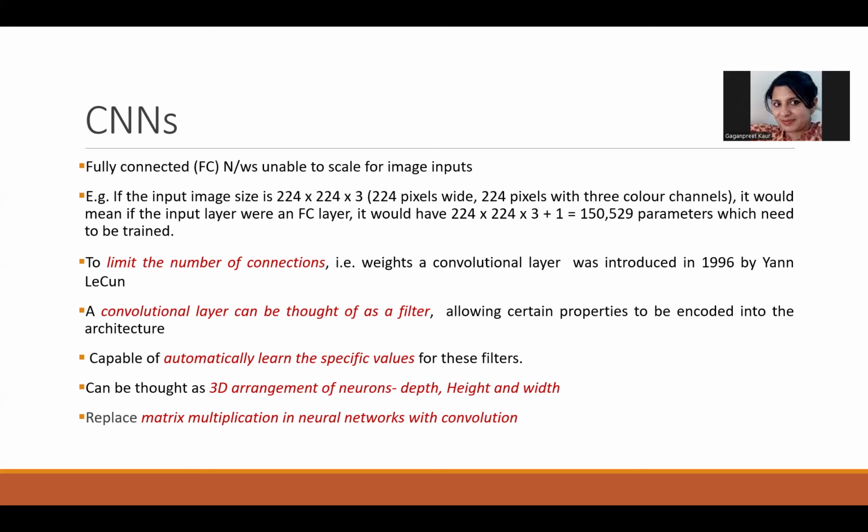A number of filters have to be applied; there is not a single filter. Let's say for edge detection, we have one type of filter. For graying of the image, we have another type of filter. For sharpening, we have another kind of filter. Different types of filters are applied to the same image over the same regions, and their response is extracted as a feature map.